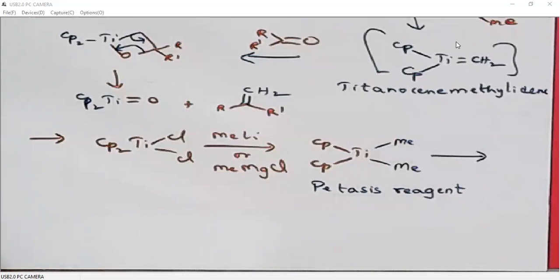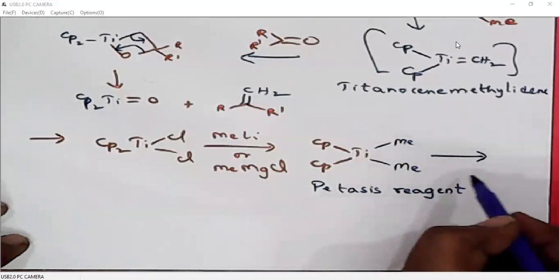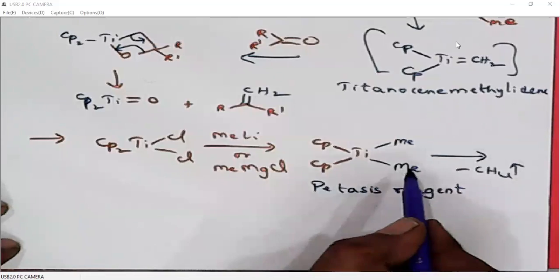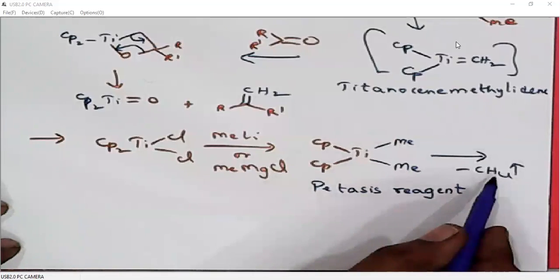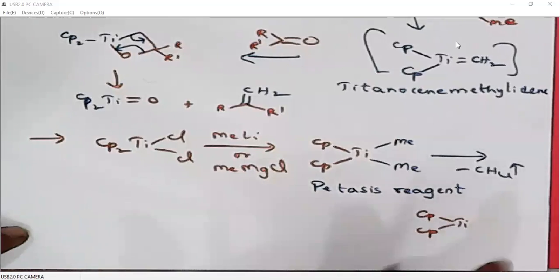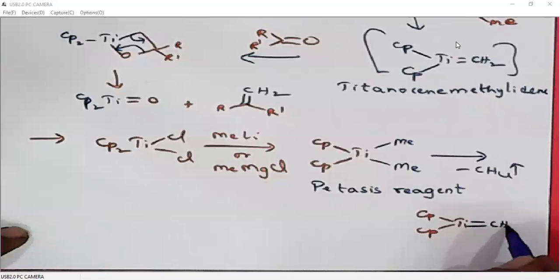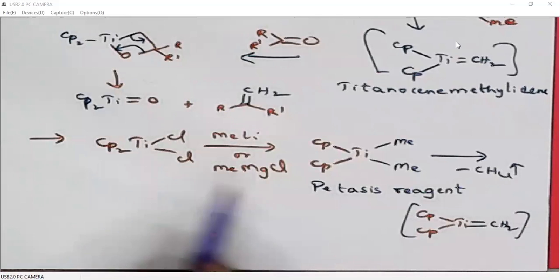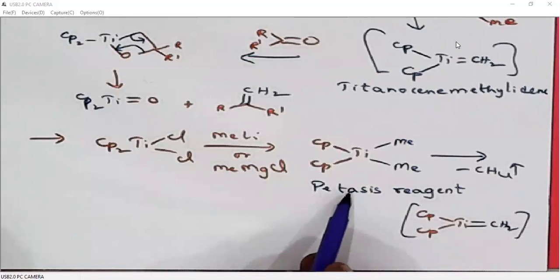Under the reaction conditions, what will happen? It loses methane gas. That means this methyl group will pick up a proton from here, so it leaves as methane gas and generates titanocene methylidene, the actual active Tebbe reagent.